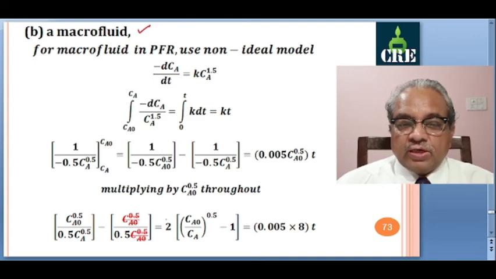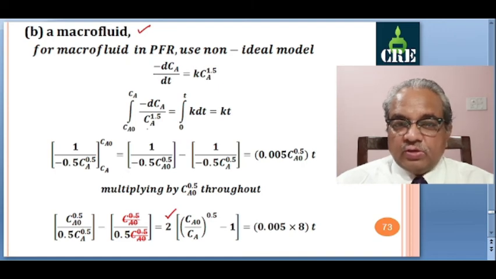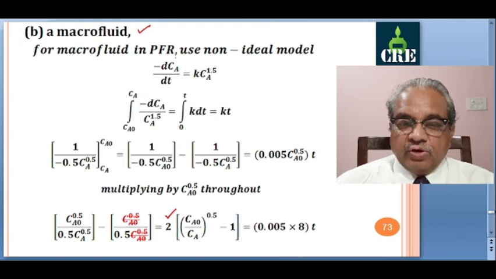0.5 taken outside, 1 by 0.5 is written as 2, exactly similar to what we have done earlier. Process is same. Here we have multiplied, this is 1.5, and then when order was 0.5 we have divided, that is the difference.